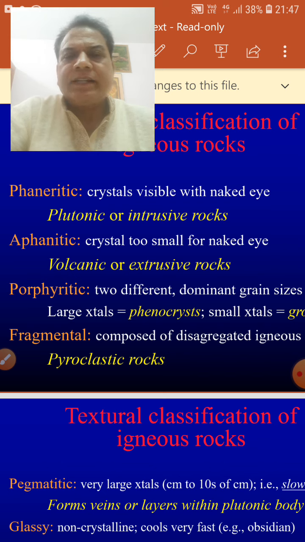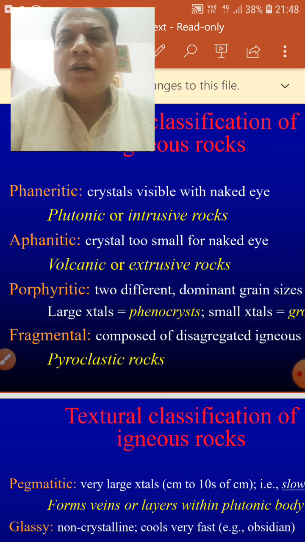But suppose the difference in sizes is too small to be seen with the naked eye, but can be seen under a microscope, that will be called microporphyritic. So porphyritic can again be divided into megaporphyritic and microporphyritic, depending upon whether they are visible with the naked eye or not.